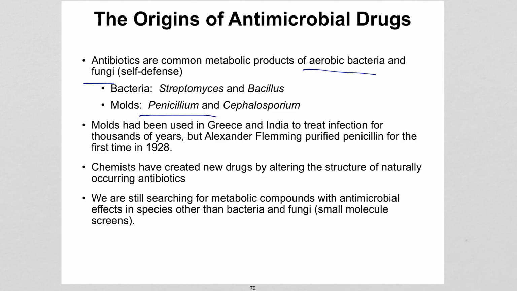So instead of having a chemist or a chemical engineer take the time to try to make a brand new antibiotic from scratch, it's been much, much more successful to go out into the natural world, look at bacteria and fungi that produce their own antibiotics that they've developed through millions and millions of years of natural selection. Right? It's given us a lot of good drugs to work with.